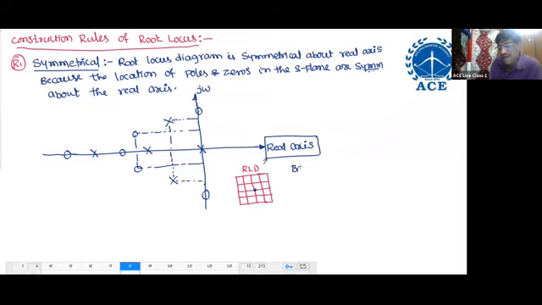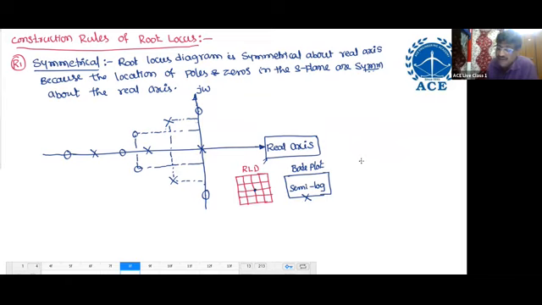The Bode plot is drawn on semilog sheet. A semilog sheet is non-linear, not symmetric about the origin. So with the logarithmic non-linear scale, that's why Bode plots are not symmetrical about the real axis.